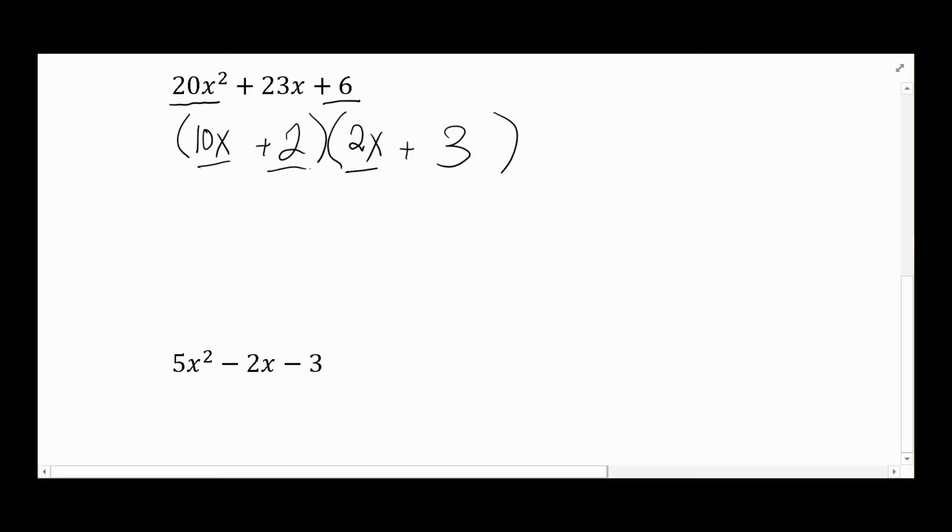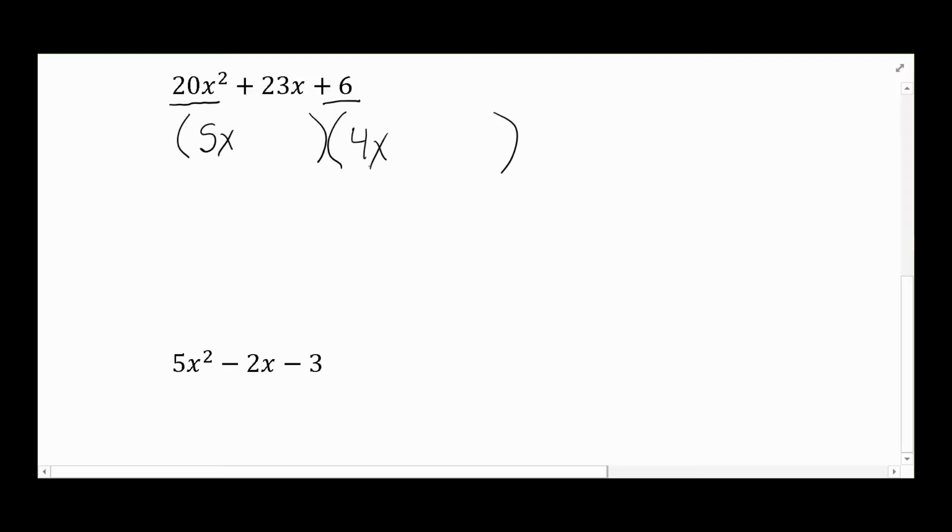Oh, but then all of a sudden I've got a greatest common factor there. And you know what? 10 and 2 don't work because since they're both even, I need to pair an even number in with the L portion. So as far as the educated guess, check, and revise portion is concerned, 10 and 2 is not a very good educated guess. Let me instead try 5x and 4x.